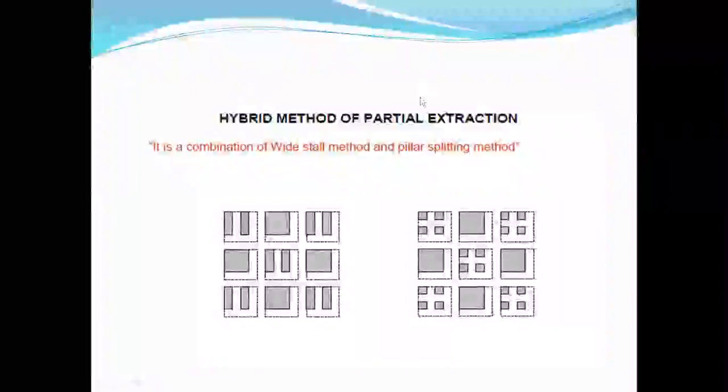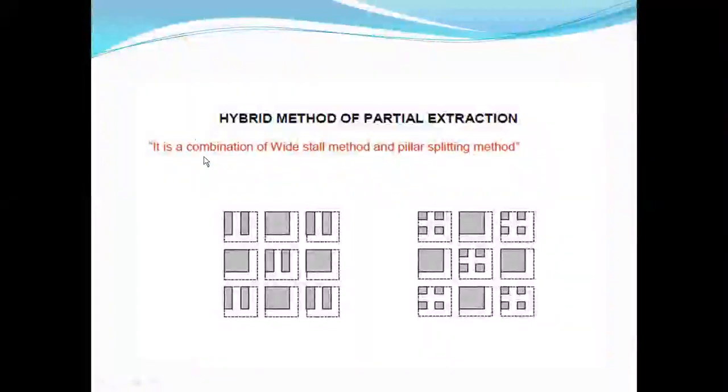So in the hybrid method of partial extraction, by adopting different mining methodology, our aim is to extract the mineral deposit to a maximum extent, and at the same time minimize the amount of subsidence on the surface. So in order to achieve both, as part of this strategy, we'll be using a combination of different methods.